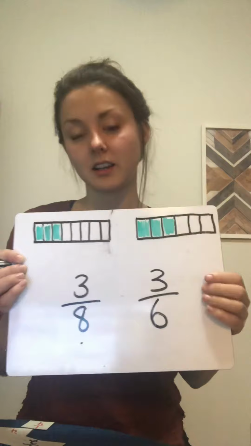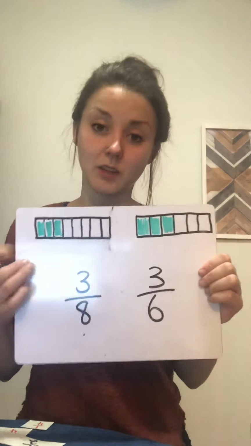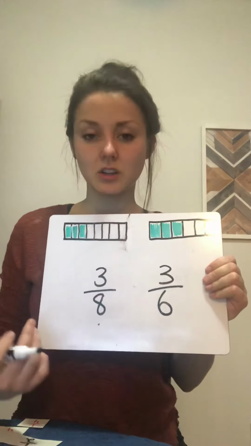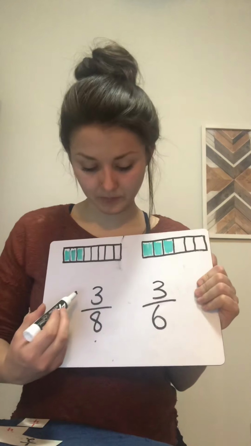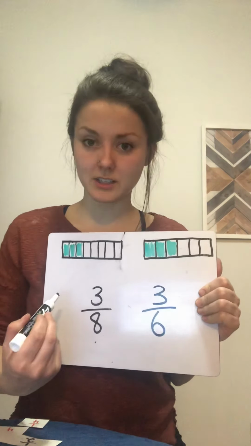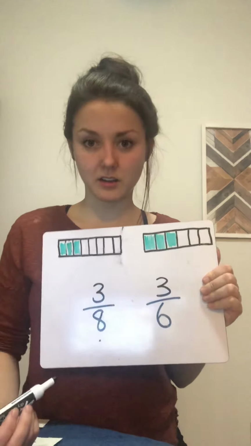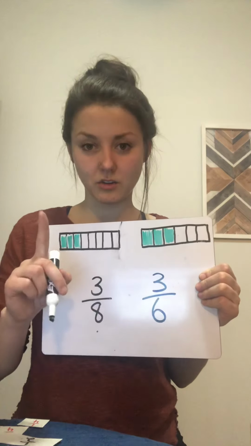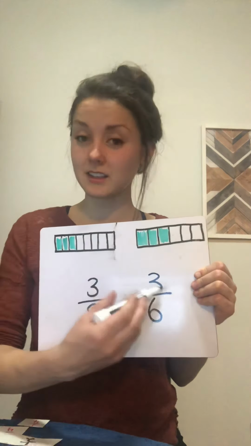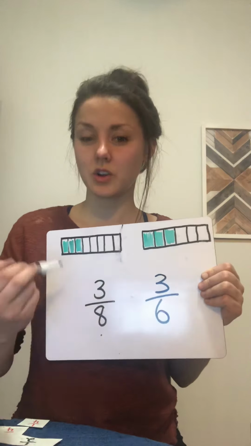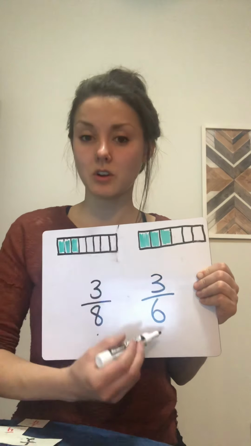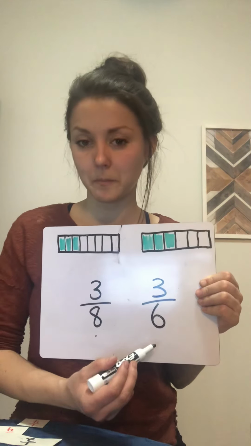Here is a time when you might use your fraction strips or follow the rule. Well, our numerator is the same, our denominator is different. So I have to think. I get the same number of pieces. Do I want to share it with 8 people or do I want to share it with 6 people?